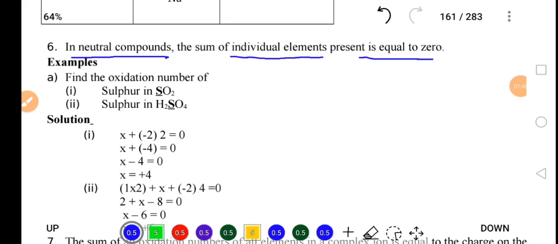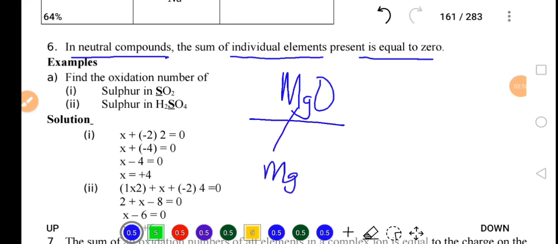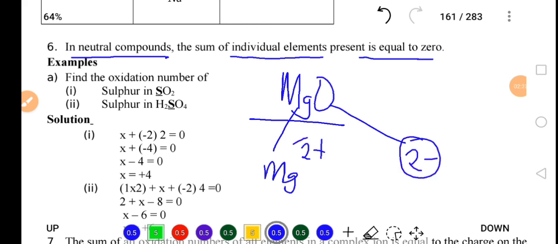For example, magnesium oxide is like this. Okay? We understand that the charge of magnesium in this compound is 2 positive, and then oxygen is 2 negative. So these are the charges.